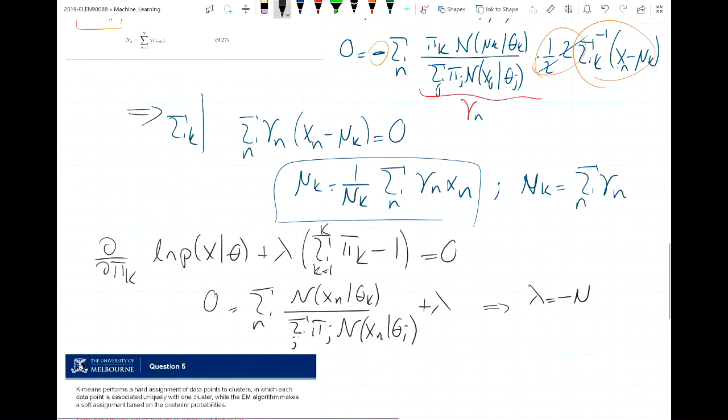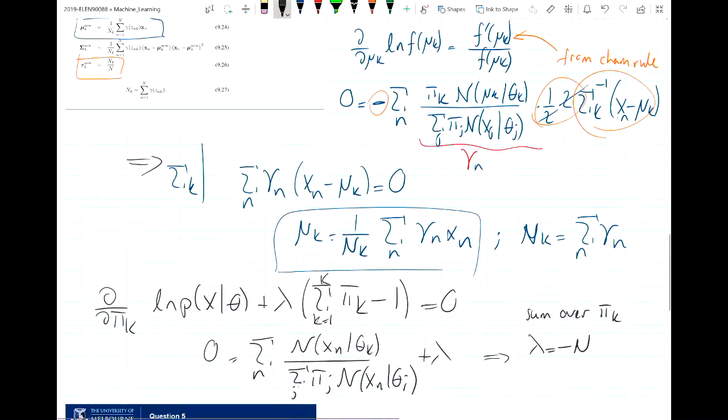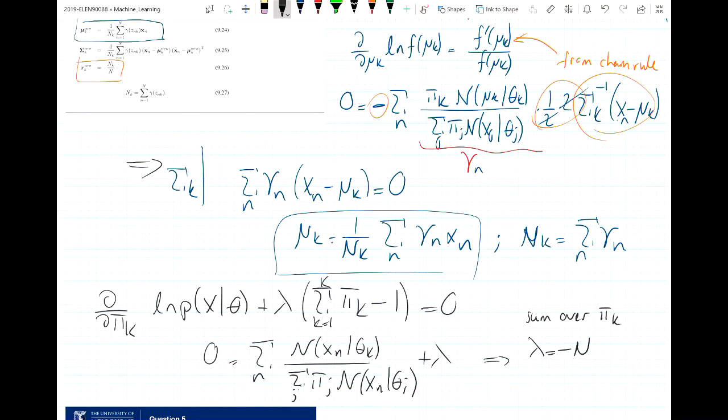If I sum over pi k, it gives you that, and then if you substitute back, you get the end result, and that's a ratio which gives you this one.